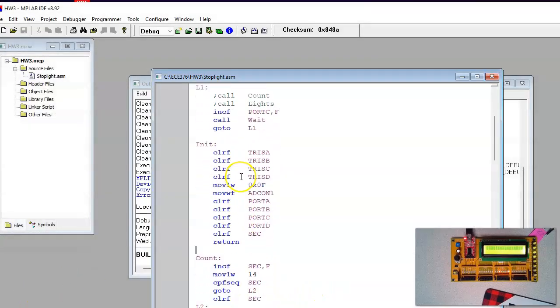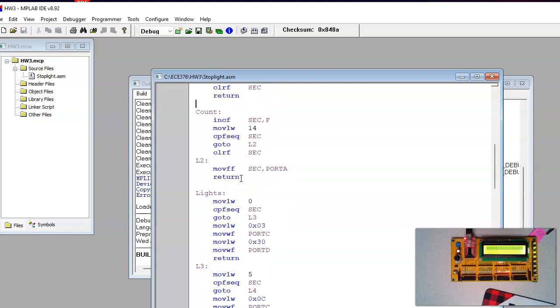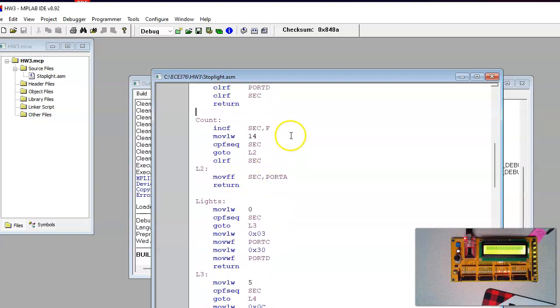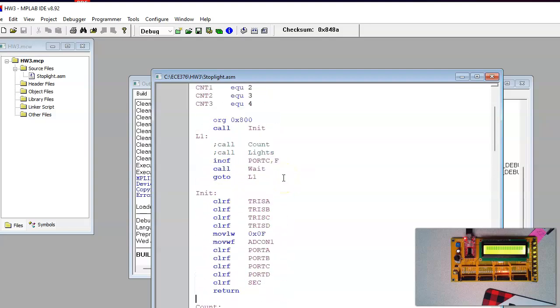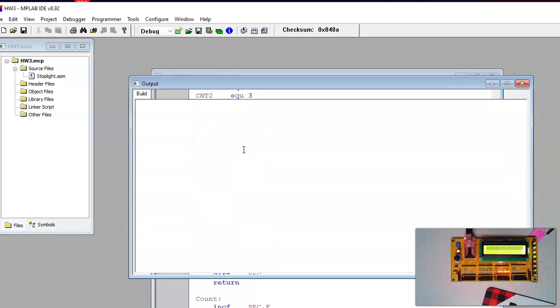Once I get the wait routine working, let's get the mod 14 counter to work. So this is counting mod 14. I'm going to increment seconds. If it's 14, go back to 0. Then move seconds to port A. So once I'm happy here, let's turn on this routine. Compile.